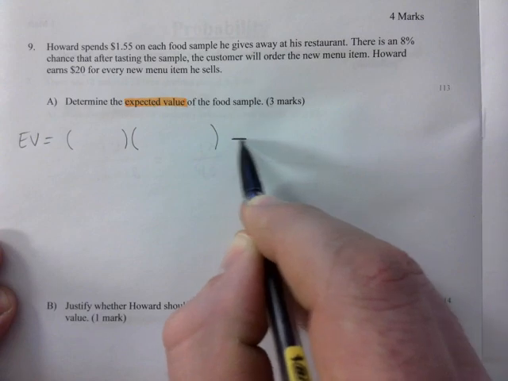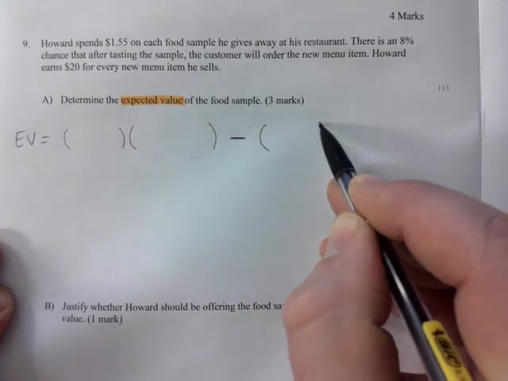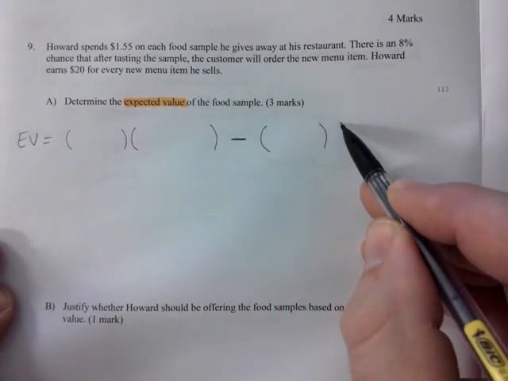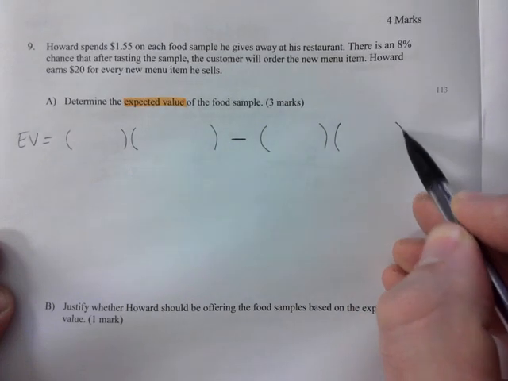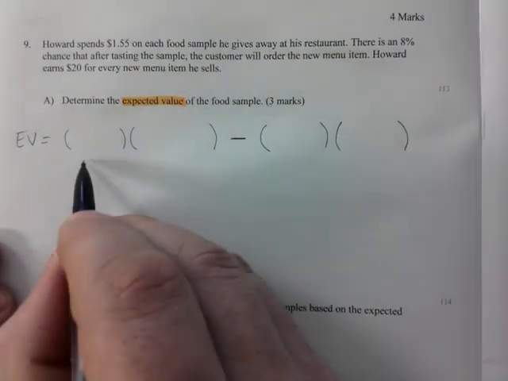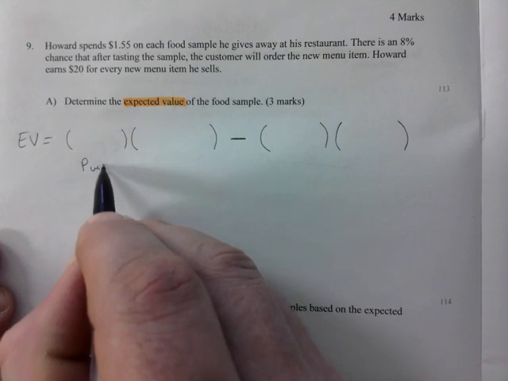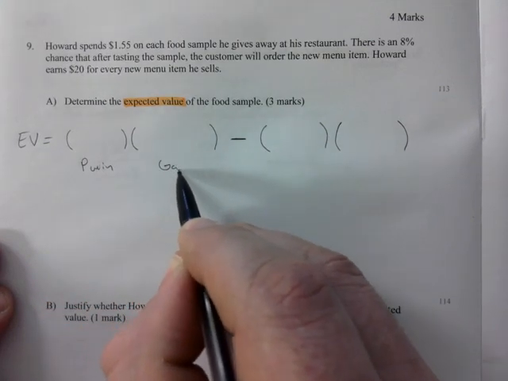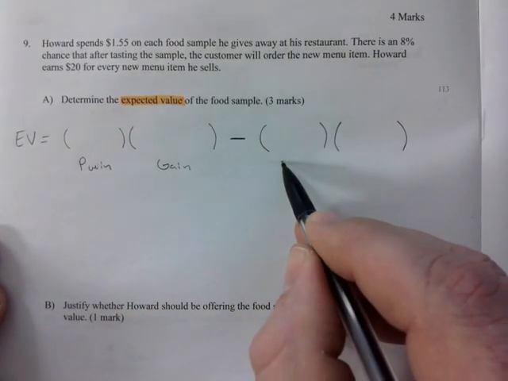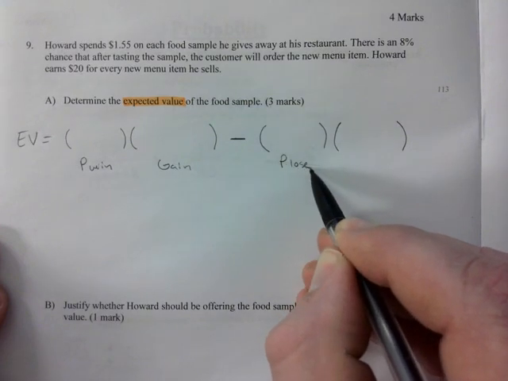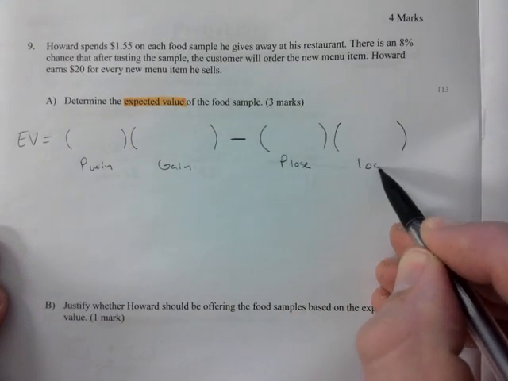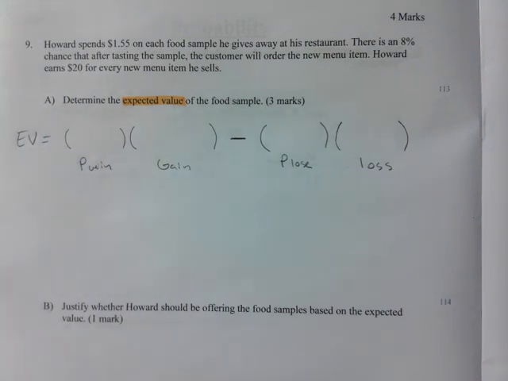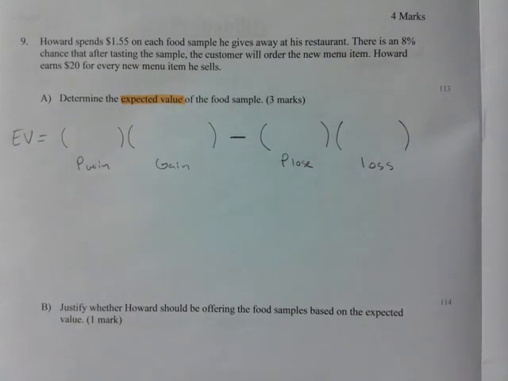And then I'm going to have to go minus the probability of losing times some sort of loss, right? So probability of win, this is gain, this is probability of losing, and this is loss. There's only either winning or losing in this case. There's nothing in between.